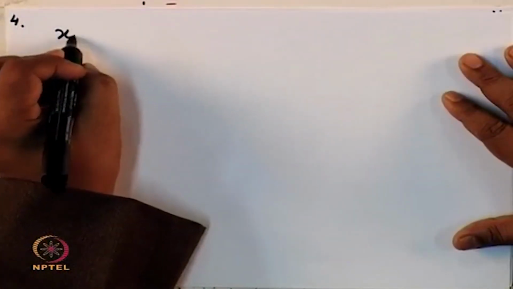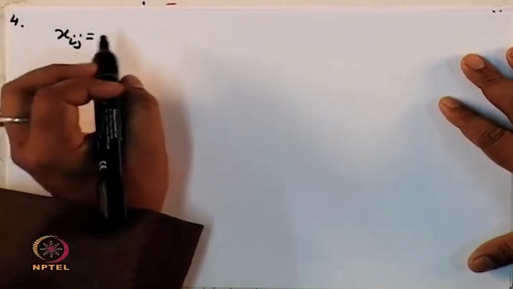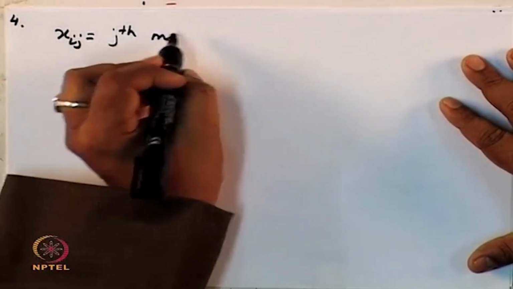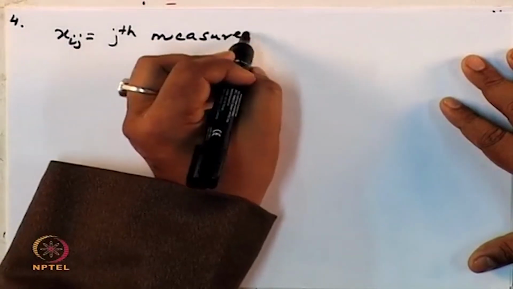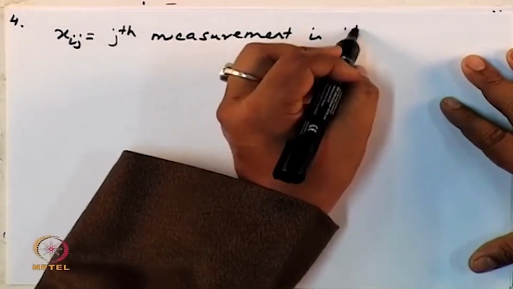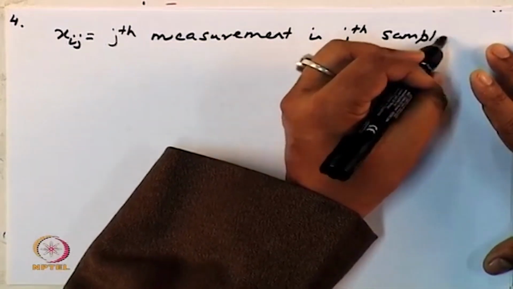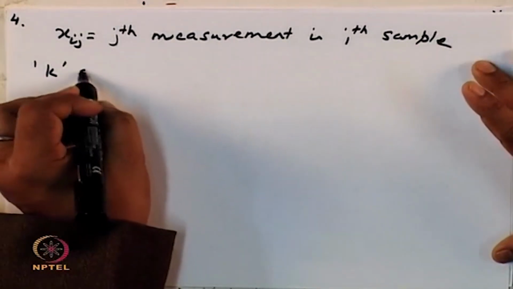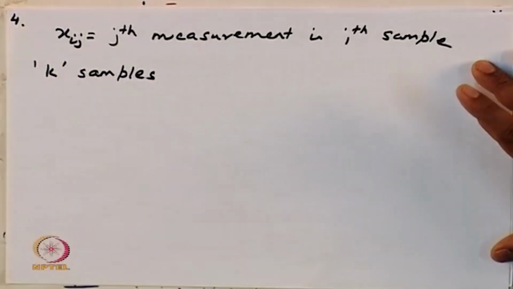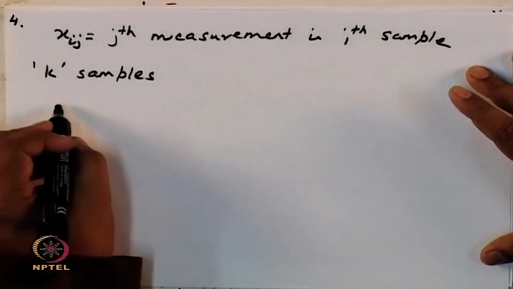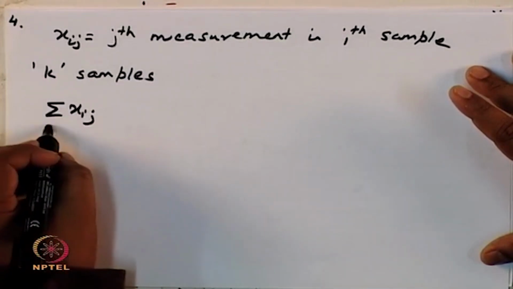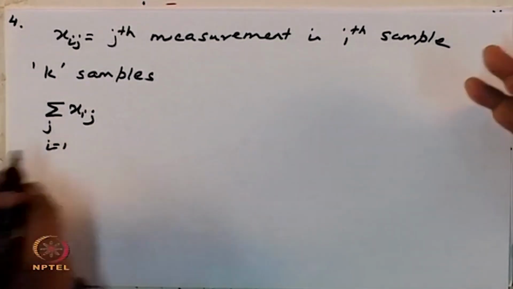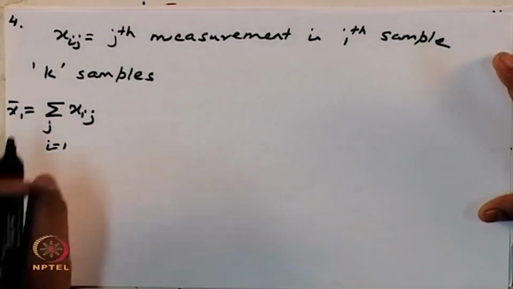Okay. So, in ANOVA, okay, let us say xij corresponds to jth measurement in ith sample. Okay. In short, you have, let us say, k samples or k populations, k samples corresponding to k populations. Okay. So, you can do summation of xij for all j and given i is equal to 1 or 2. Okay. So, then you will have the value of x1 bar.